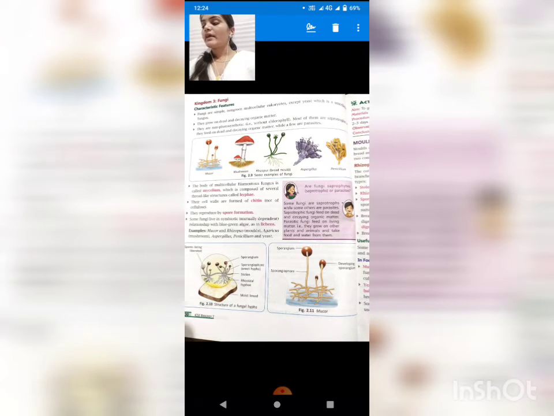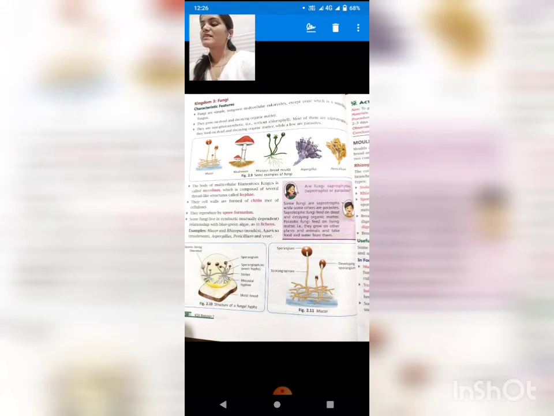They grow on dead and decaying organic matter. They usually do not grow on non-living substances. Now, they are non-photosynthetic, as I told all of you, and just because they are non-photosynthetic, they were kept in a different kingdom.